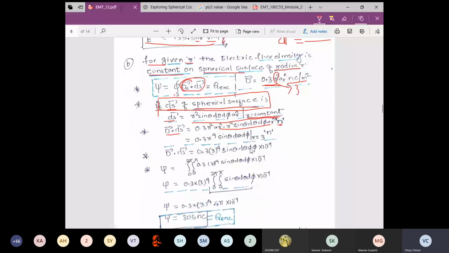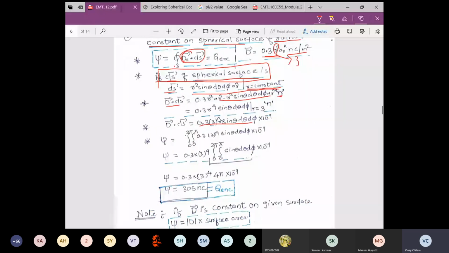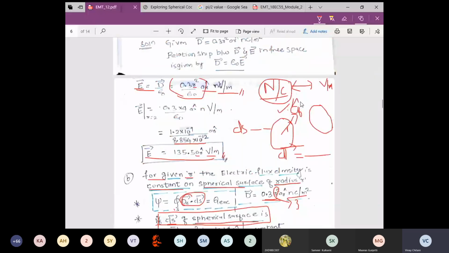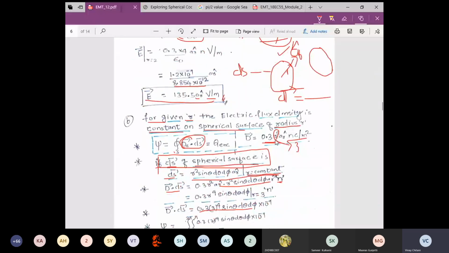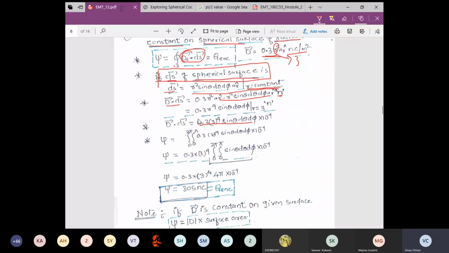As we predicted, r should be constant, and the value of the constant is r equal to 3. Okay, and you could see that it leads to this after substitution of r. And as I was telling, D is really a function of r alone, and for a given r the flux density will be constant, and that is what we can observe.